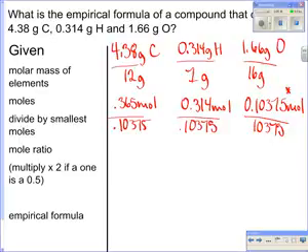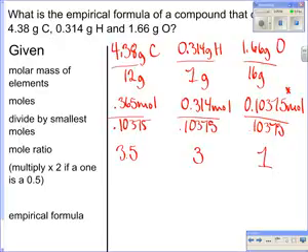When I get my answer, that's going to give me my mole ratio. It works out that this one actually comes out to be 3.5. Remember how I told you not to round too much? This one over here comes out to be 3 for hydrogen, and then obviously the oxygen is the 1.